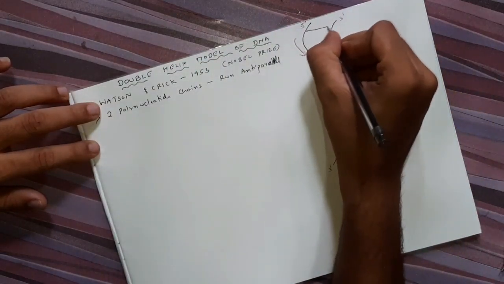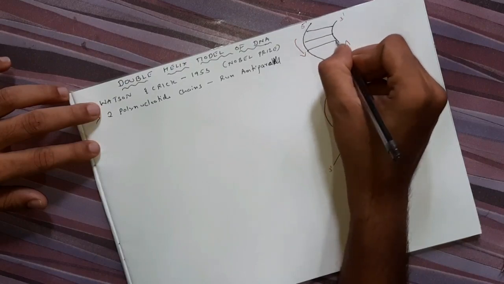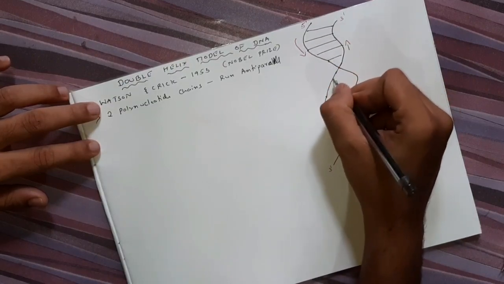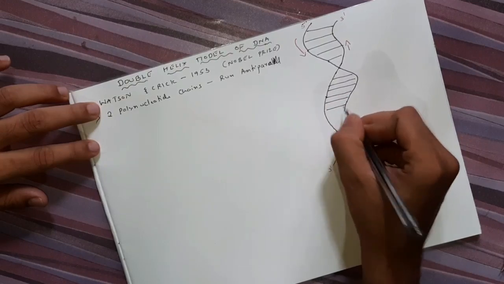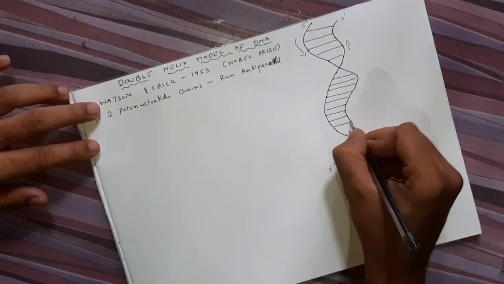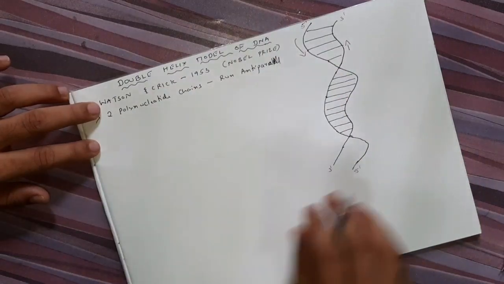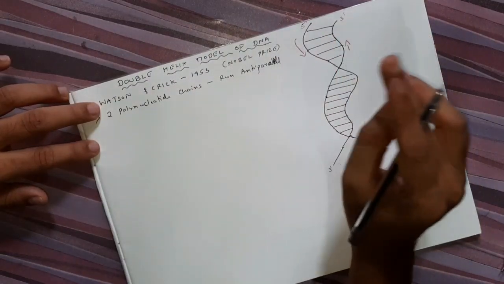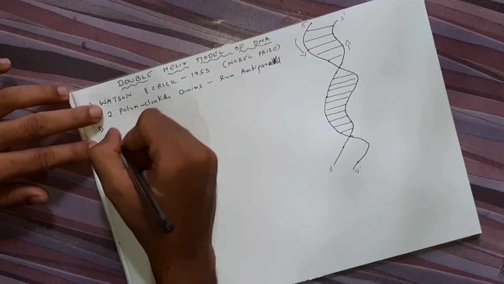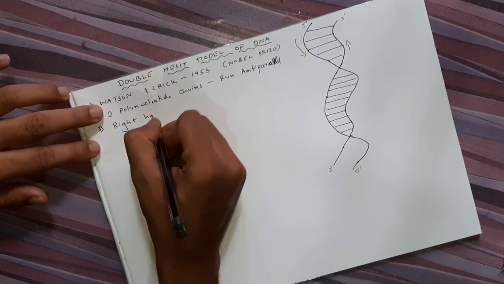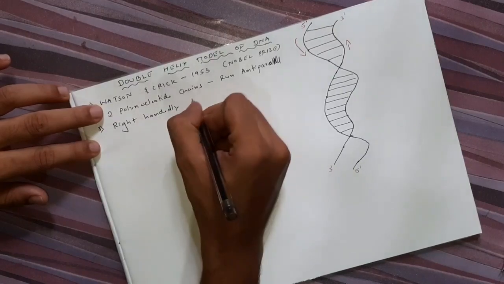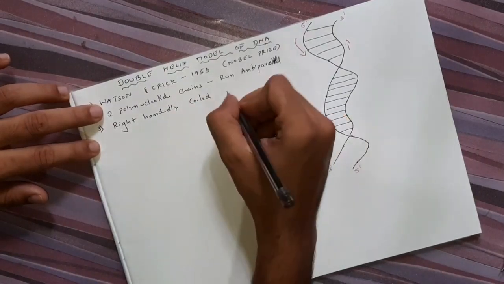And one more thing is these two strands are linked by what? Nitrogenous bases. These nitrogenous bases join these two strands. Okay, like this. So it goes on like that. It looks like a right-handedly coiled staircase, correct? So it looks like a staircase, but a right-handedly coiled staircase.